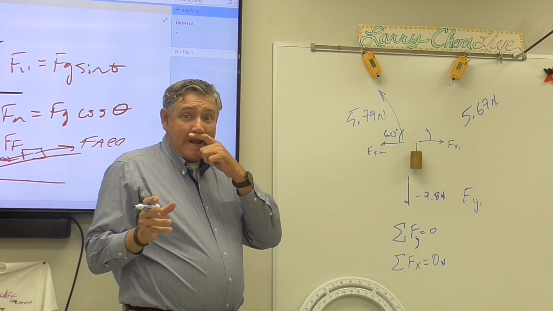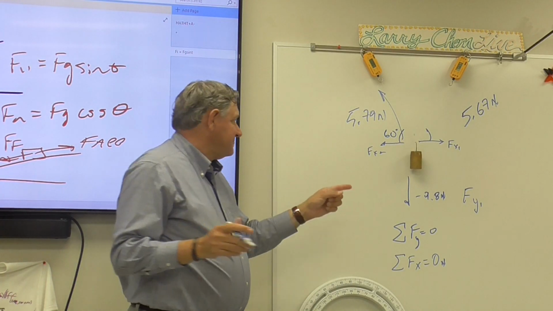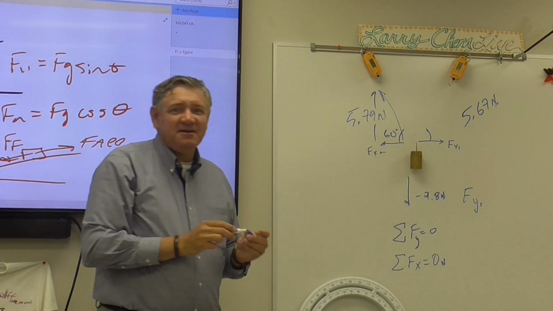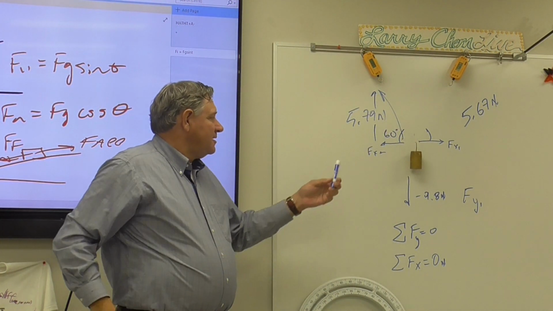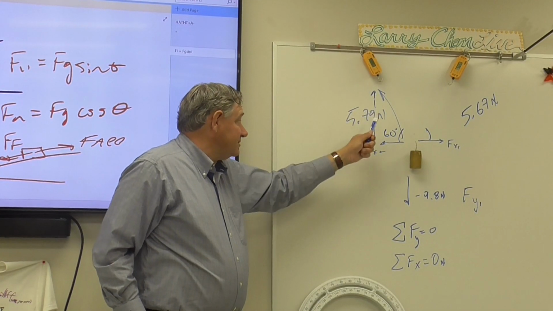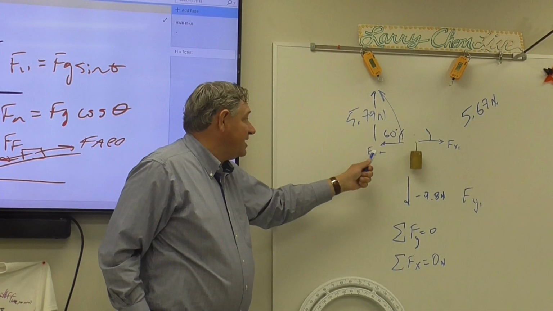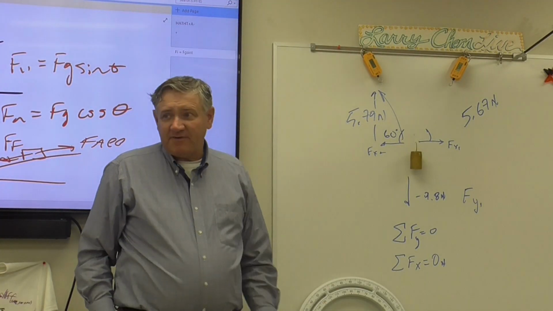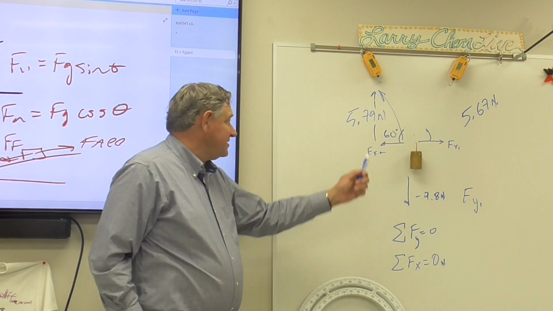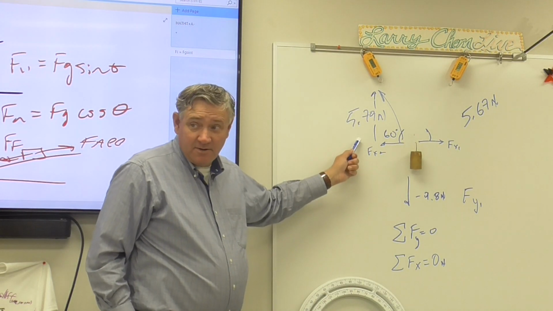The x and y components, otherwise known as the triangle sides. So if I know this angle and I know the hypotenuse, which is 5.79, how am I going to find my Fx component? Cosine. And I'm going to use sine to find my y component.